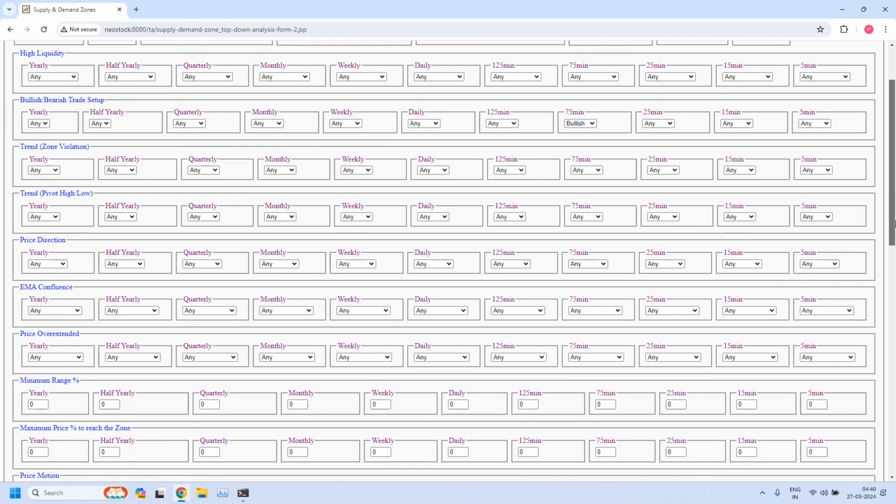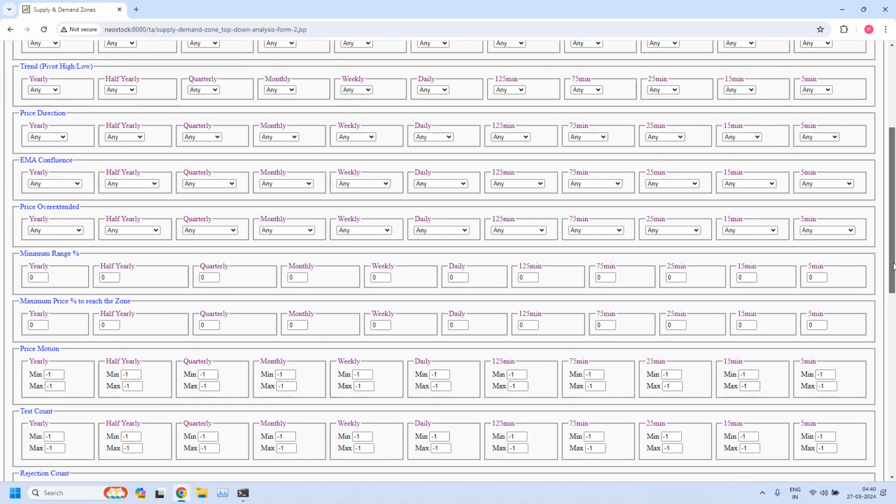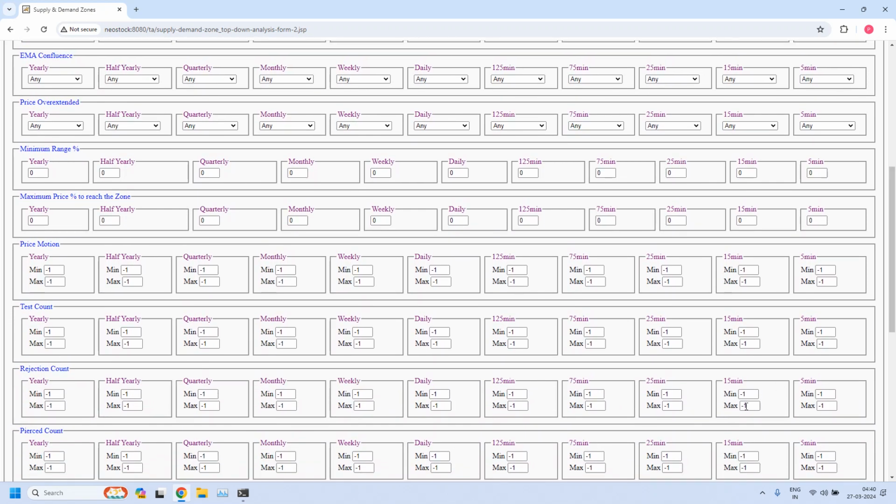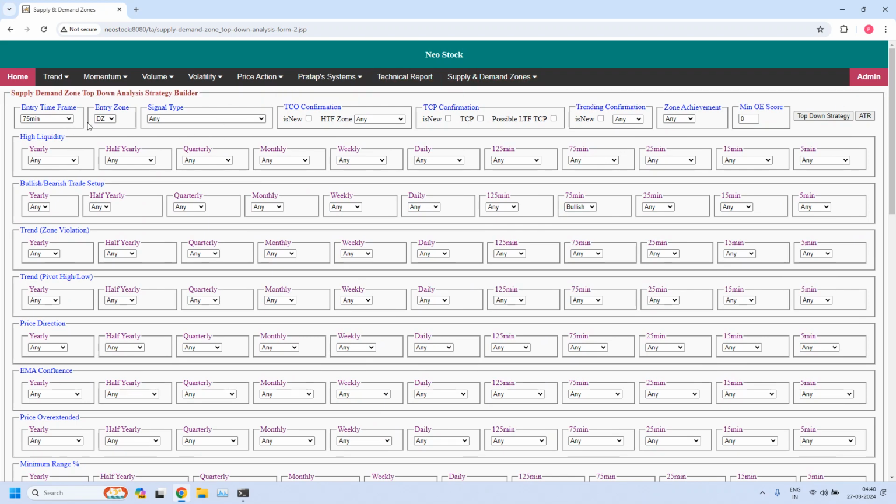Because we don't want pierced zones, let us set the pierced count should be 0, 0, but this time you have to set it to 75 minutes time frame because it is our entry time frame. So minimum value 0, maximum value 0, and these values you are setting for demand zones because your entry zone is demand zone.